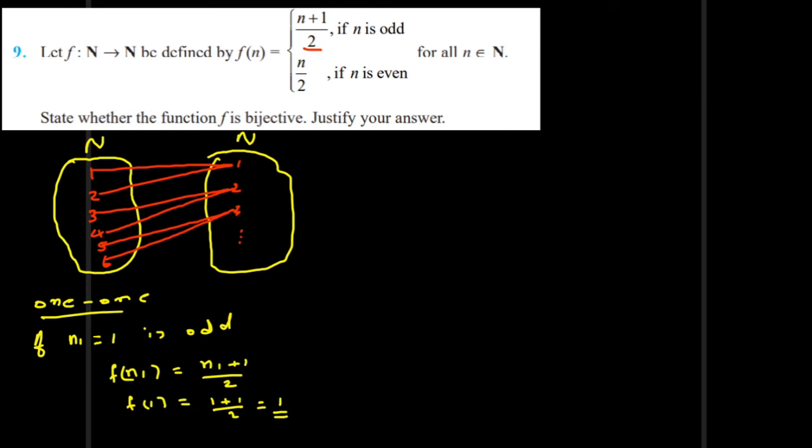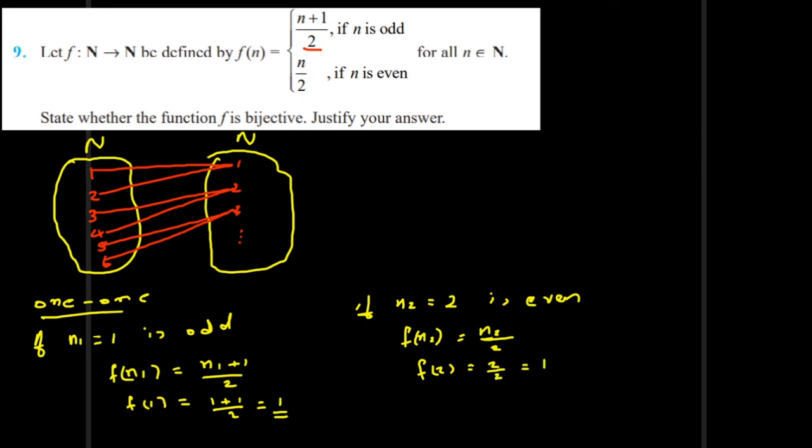Next, take n2 equal to 2. This is an even number. If it is an even number, what is the function? f of n2 equals n2 by 2. Therefore f of 2 equals 2 by 2 equals 1.